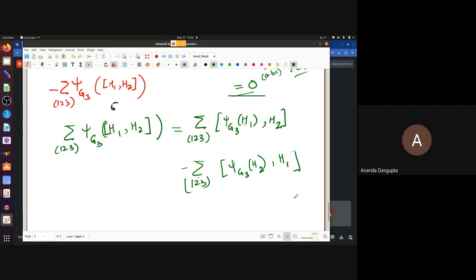Okay. Now, let's explain one thing. This is not only going to be true for the cyclic sum, this is going to be true for the individual pieces as well. Why? What's the obvious argument for that?